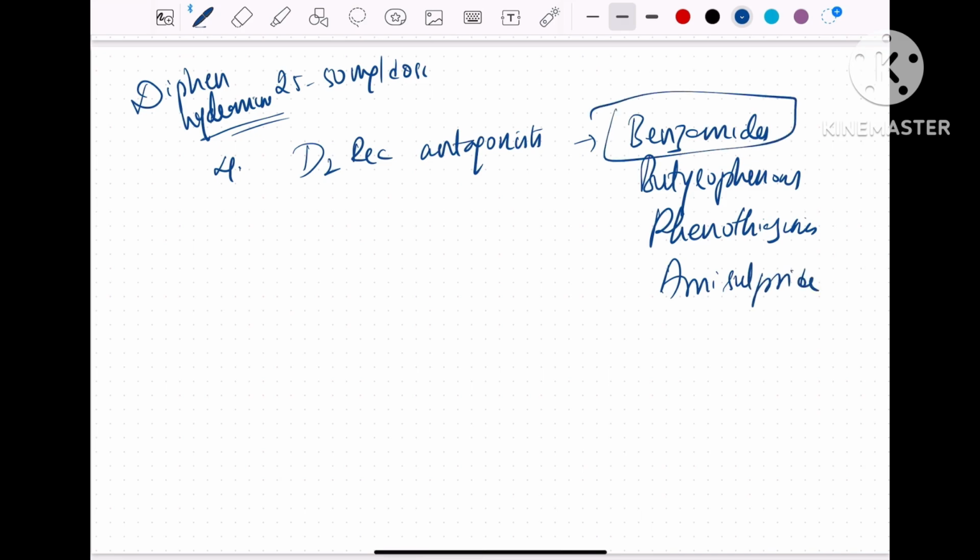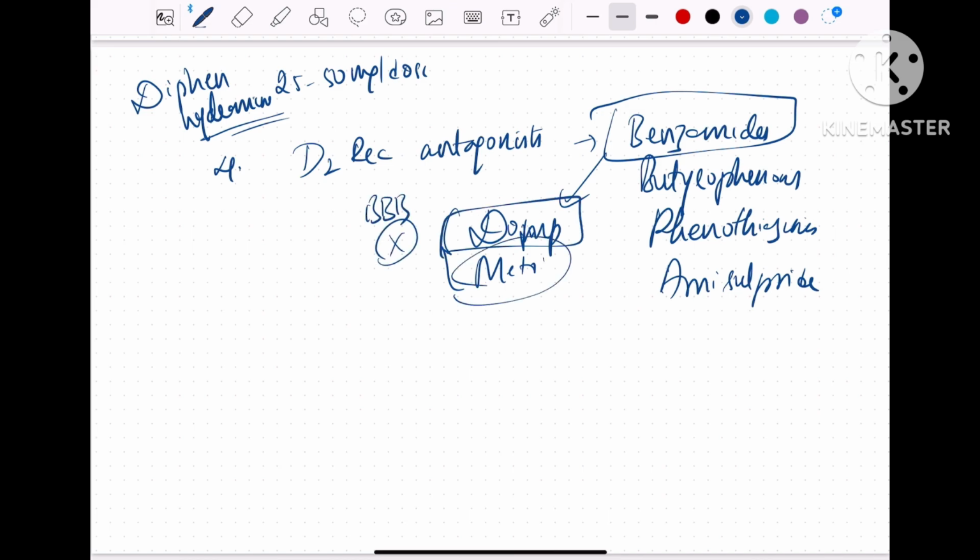In benzamides, the most common drugs we use are domperidone and metoclopramide. The difference between these two is that domperidone does not cross the blood-brain barrier and metoclopramide crosses the blood-brain barrier. So metoclopramide has higher chances of extrapyramidal side effects compared to domperidone.